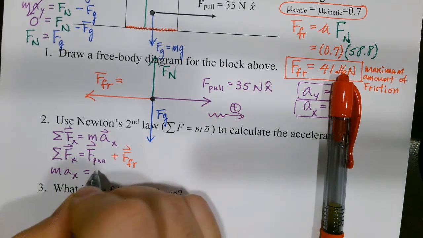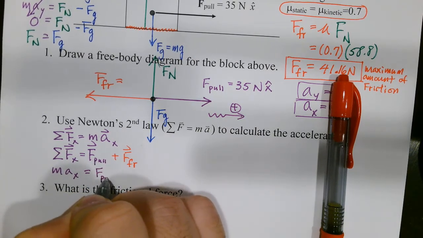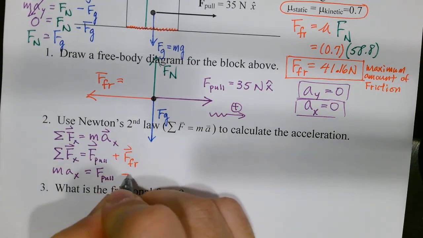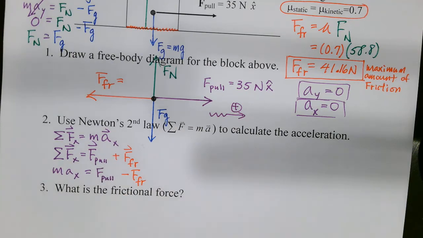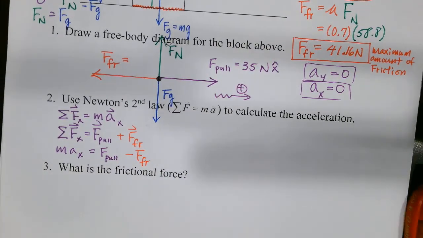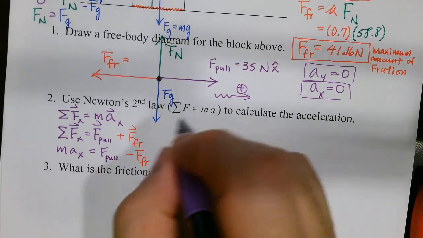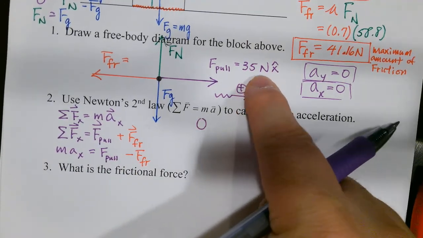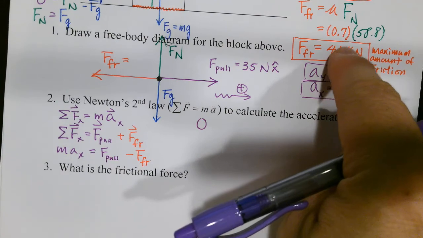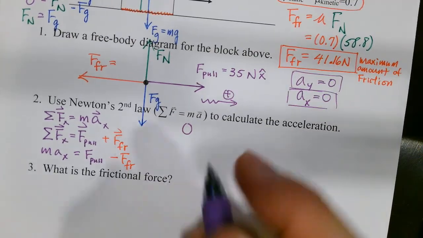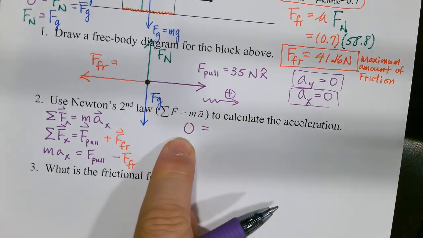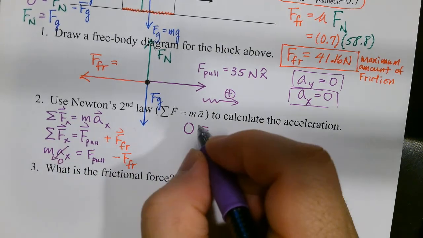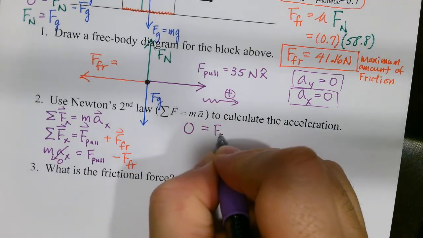Therefore, F pull becomes positive and my friction becomes negative. We already established the acceleration in the x direction has to be 0 because this does not have enough force to push this thing and break it. Therefore, since my acceleration is 0, this whole thing goes to 0.